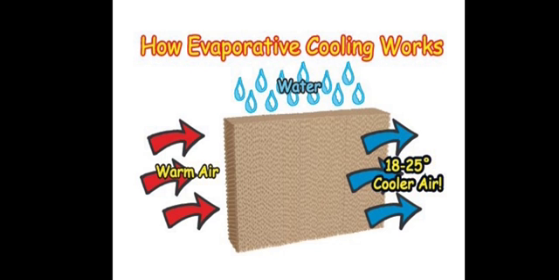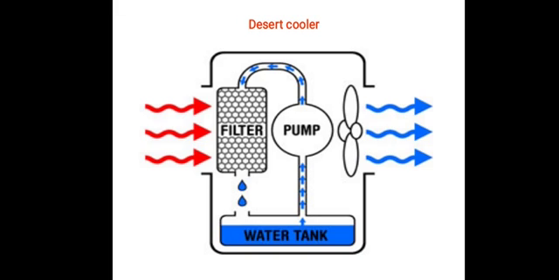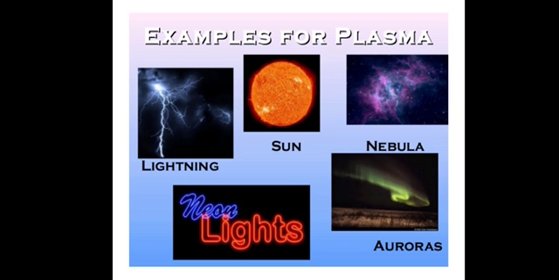Wearing cotton clothes in summer keeps us cool because cotton absorbs sweat, and when the sweat evaporates, it absorbs heat from our body, making the body cool. See, the diagram of desert cooler is given here.